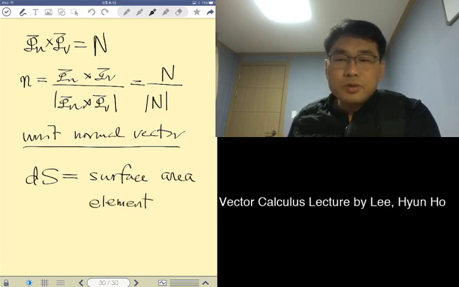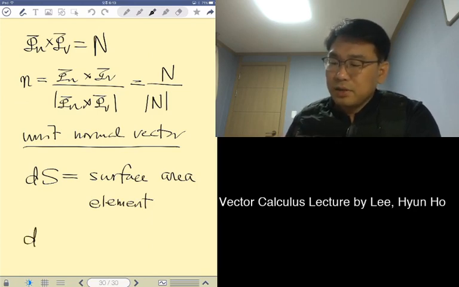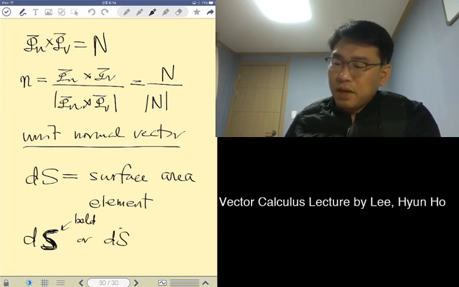And we also have a bold S, a vector notation for dS, which I can make thick.